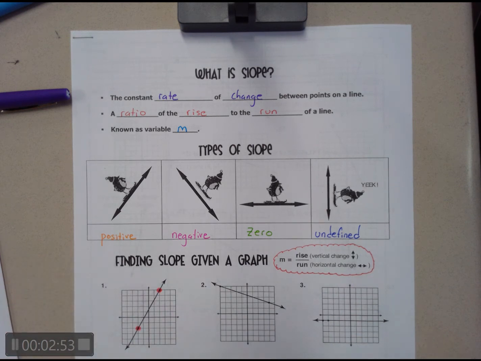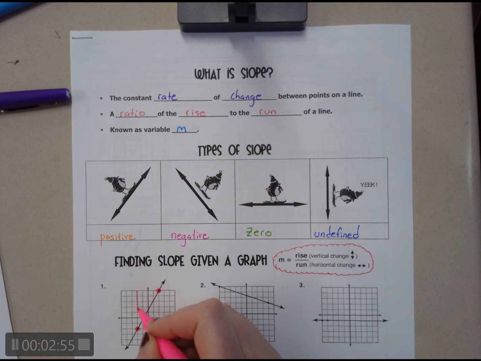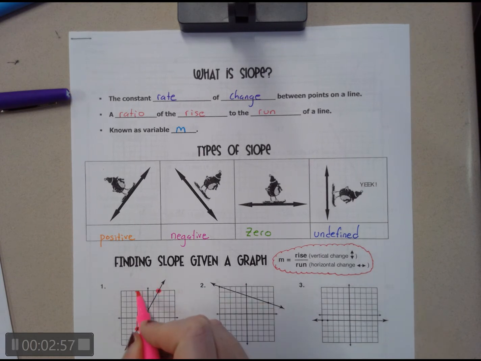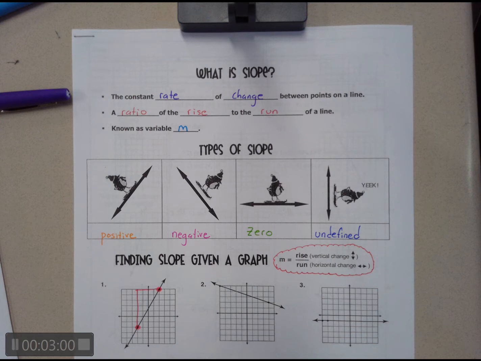And then we are going to draw a triangle connecting our points. And you always start at your leftmost point. Just like when we were doing domain, always start at your leftmost point. Okay? And then we're going up and over to our next point.